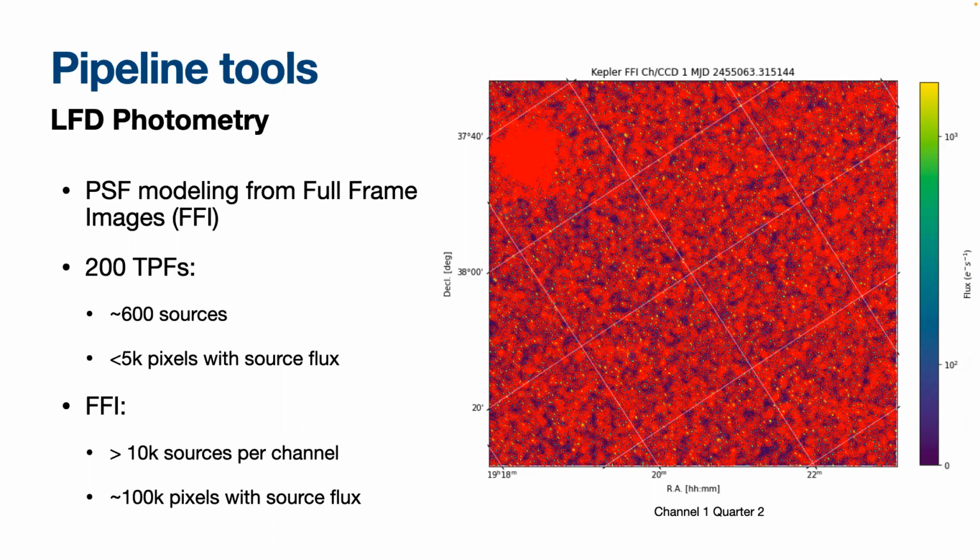Compared to just a couple hundred TPFs, this is about 10 times bigger. You can see here a render of one of the FFIs with all the Gaia sources. In this case, it's very crowded. There is even one of the clusters on the top left corner.